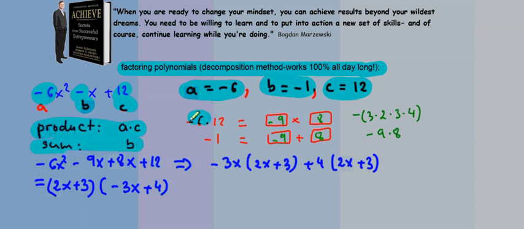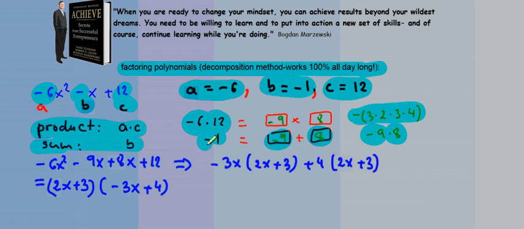So in our case, the product is found between negative 6 and positive 12. We don't really care what the answer to this is. We have to think of how I can break it apart into smaller factors, so when I combine those two factors, they will give me the same product, obviously, but the sum condition also will be fulfilled.